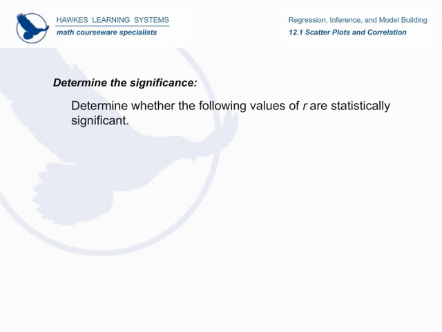Now let's take a look at determining the level of significance with some examples. So here we want to determine whether the following values of the correlation coefficient are statistically significant. In our first example, we have r equals 0.52. So our correlation coefficient we found on our calculator is 0.52.